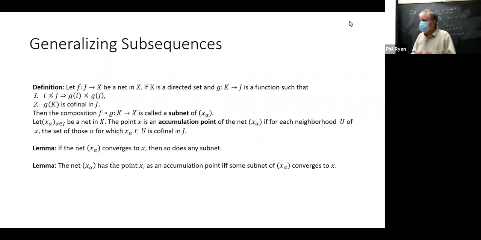And so the final thing is the idea of a subnet.